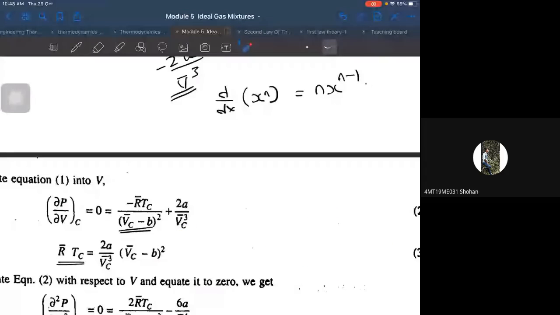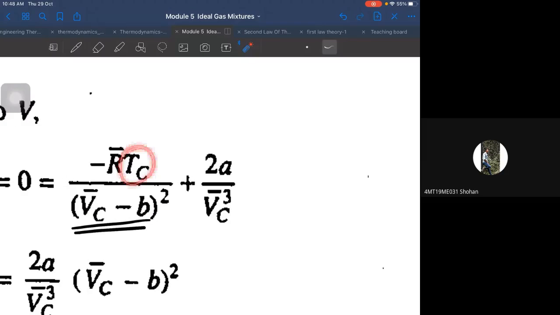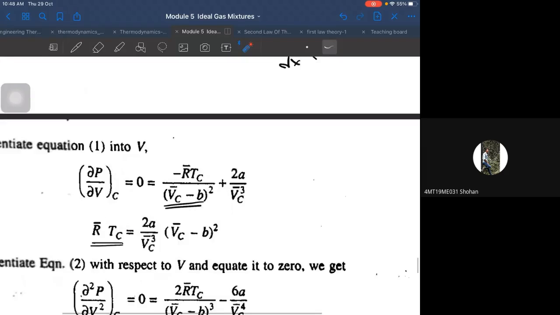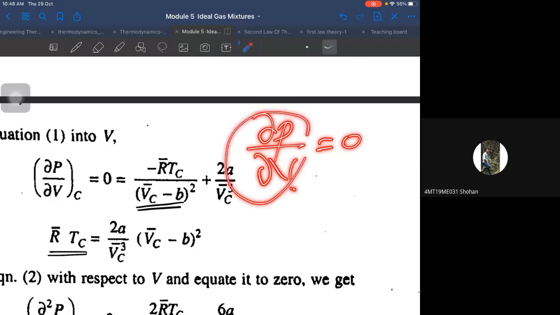When you differentiate dou P with respect to V at critical points, you have to take all the critical point values. That means your T will become Tc, and your V bar will become V bar C. Similarly, when you equate this to 0, the first condition was dou P by dou V equal to 0. You have differentiated this and equated it to 0.